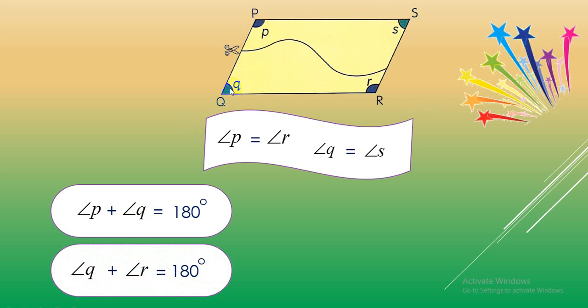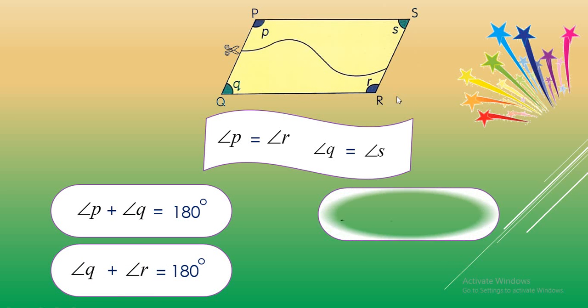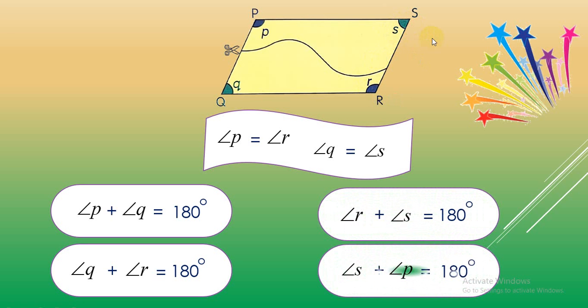And then angle Q and angle R, acute and obtuse, equals 180 degrees. And then angle R plus angle S equals 180 degrees also. Angle S and angle P equals 180 degrees also. It's easy, right?